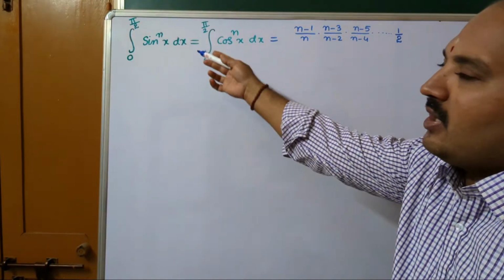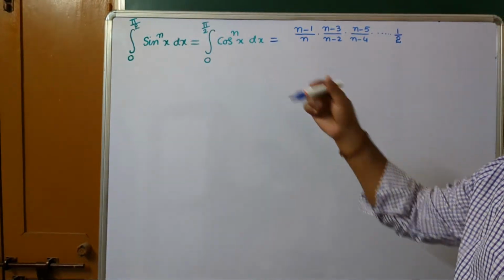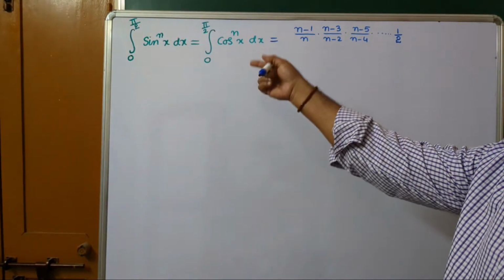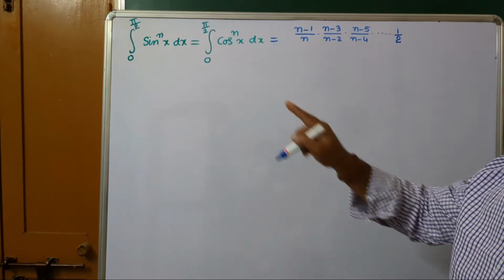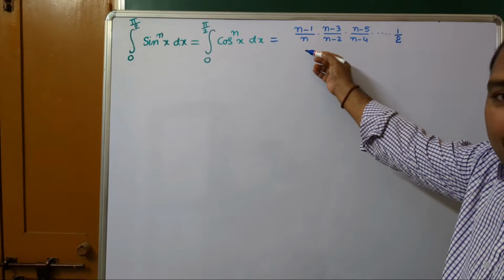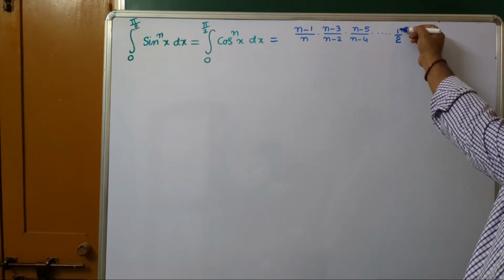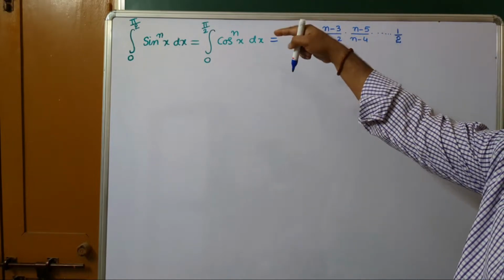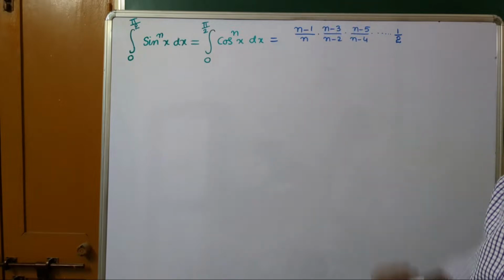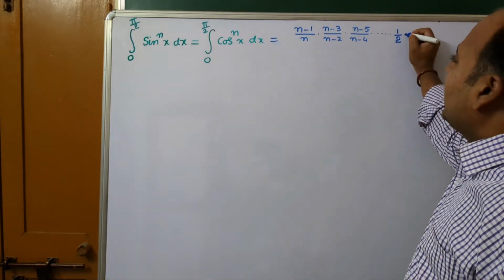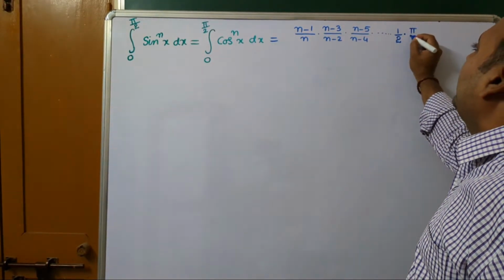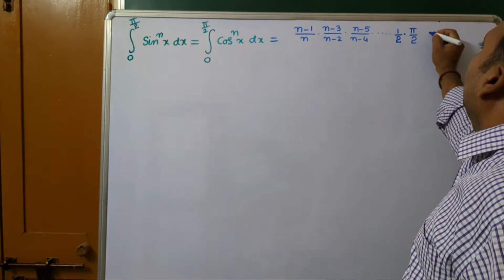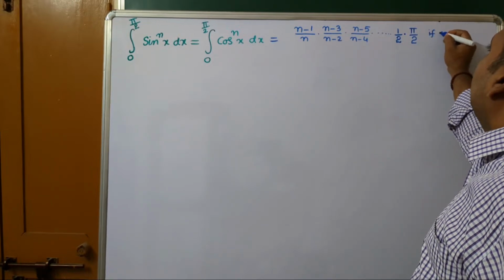Whenever sin power nx or cos power nx, integral 0 to pi by 2 is there, after applying this formula, if you get 1 by 2, n is compulsorily an even number. So whenever you get 1 by 2 for even n, you should multiply with pi by 2.